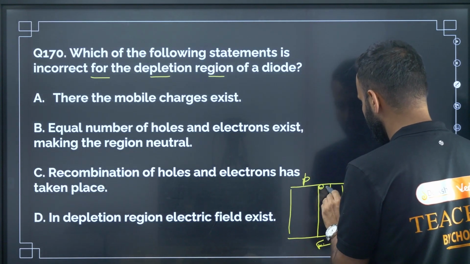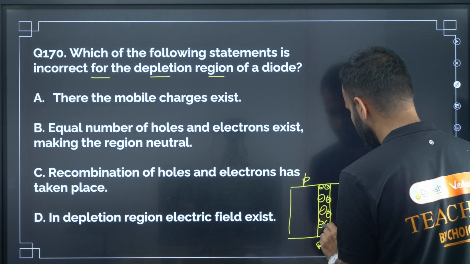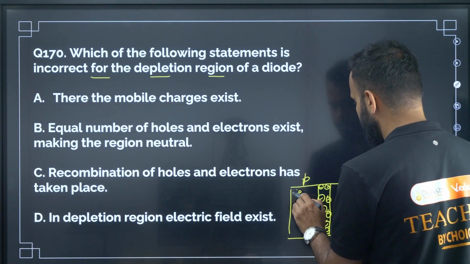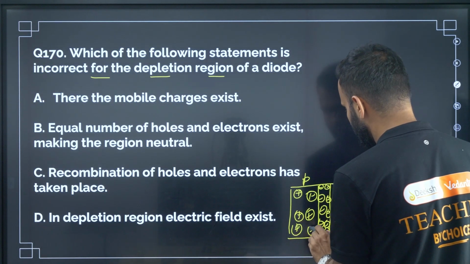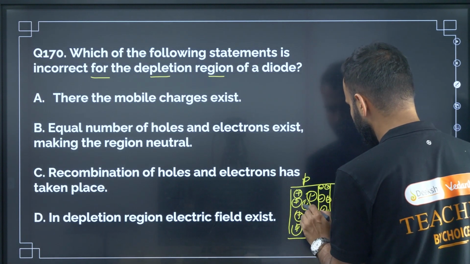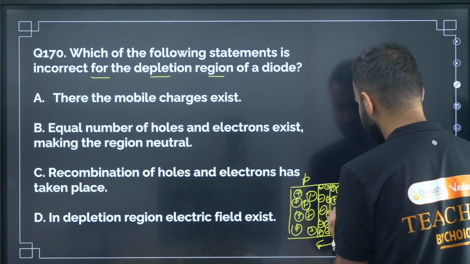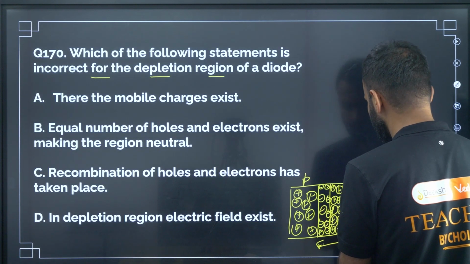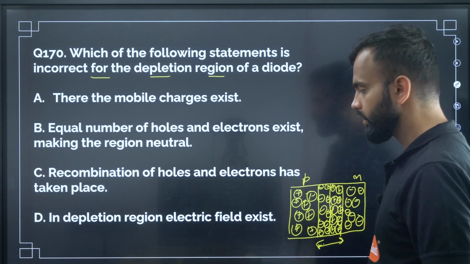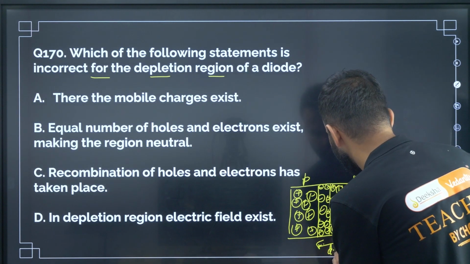Here P side is positively charged, that is holes. Here on the N side, negative charges, that is electrons. This is the depletion region, DR.